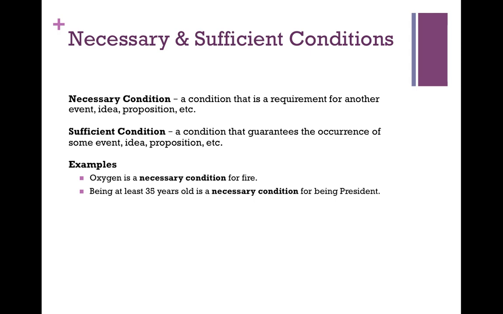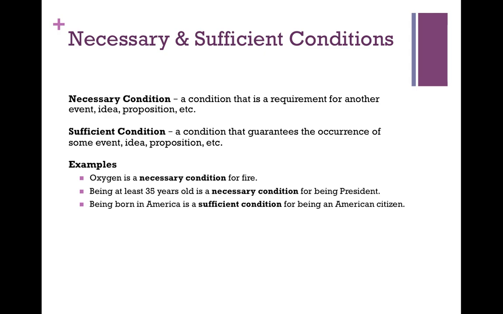Because if it's a sufficient condition, that means it alone is a guarantee. On the other hand, here's another example. Being born in America is a sufficient condition for being an American citizen. Now notice here that this is not saying it's a requirement. It's not saying it's a necessary condition, because you could be a citizen in other ways, right? You might be a citizen by having been naturalized, and that would be a different way you could become a citizen.